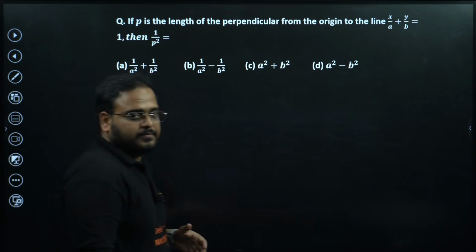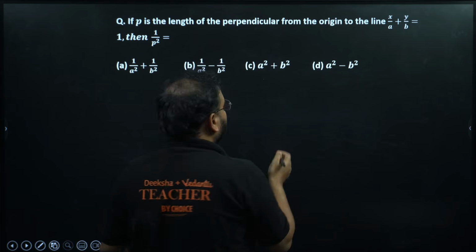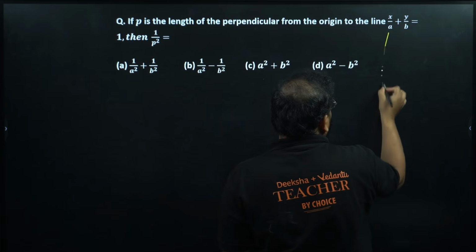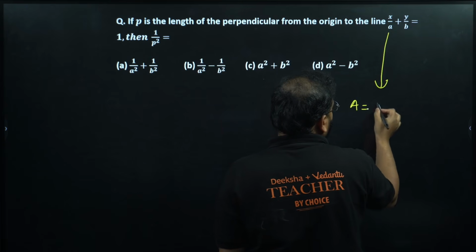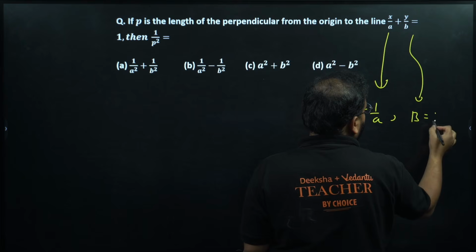Now, next question. If P is the length of perpendicular from the origin to the line, how do you find the distance to this line? Think about it. If you compare over here, the coefficient is 1 by A, and from here the coefficient is 1 by B. What is the formula?